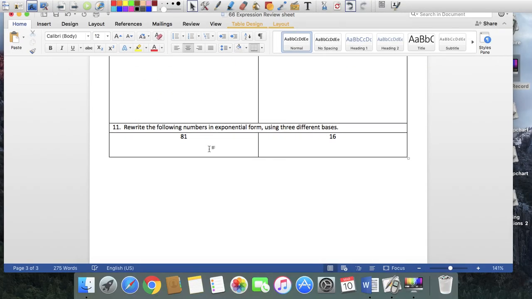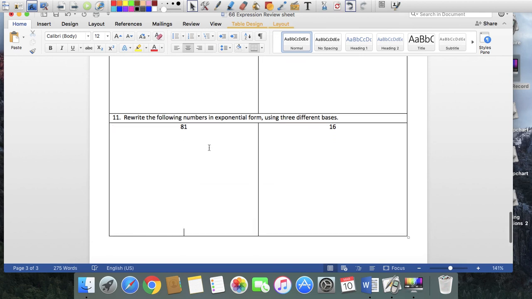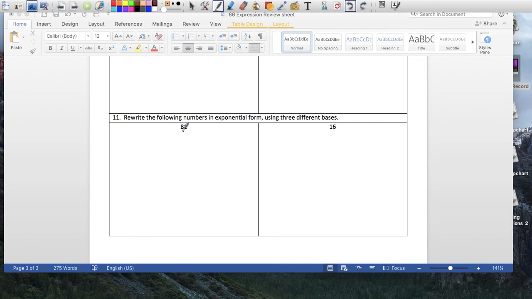Rewrite the following numbers in exponential form using three different bases. Okay, so what does that mean? It means that I want you to write 81 in exponential form, with an exponent. So what number times itself gives you 81?